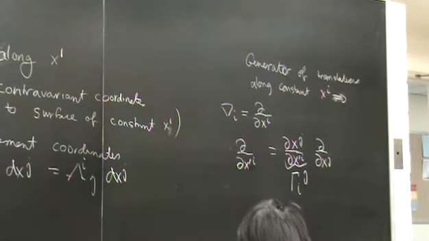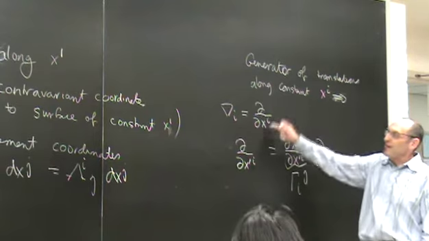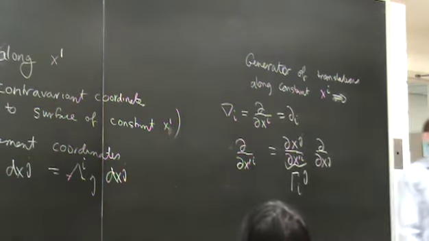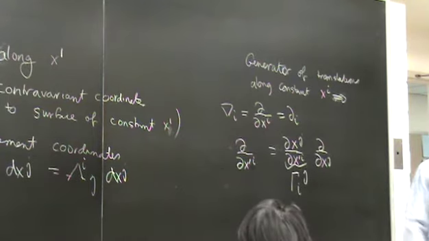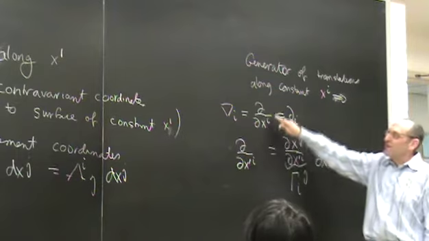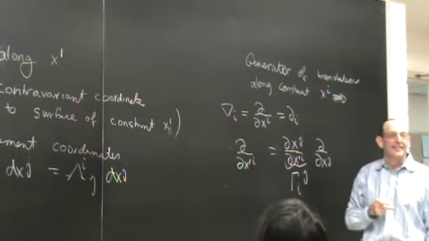The reason we put upper and lower coordinates up here is that the derivative with respect to an upper coordinate is a lower coordinate, because it's in the denominator. Of course, if I took the derivative with respect to the covariant, I would get the contravariant.